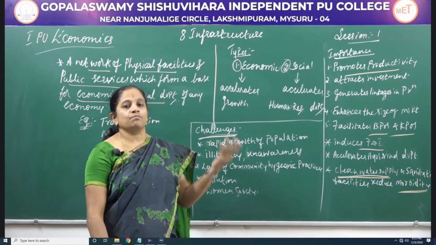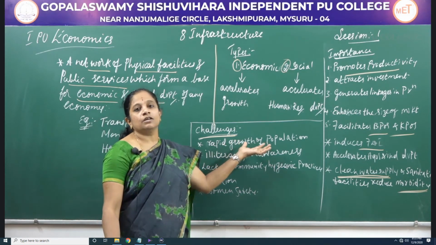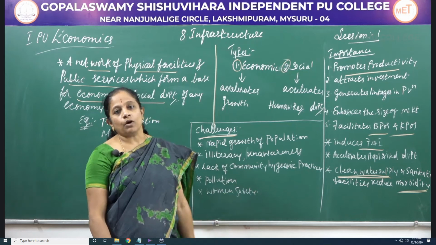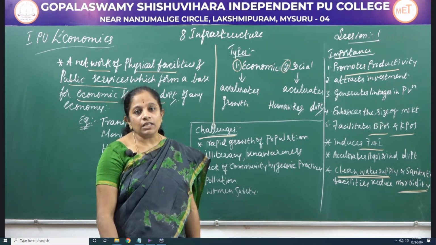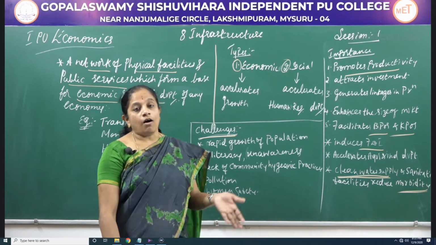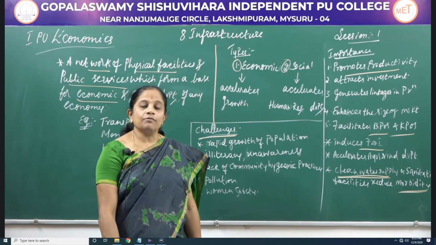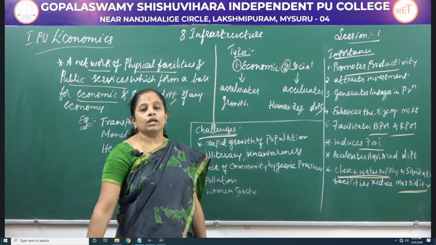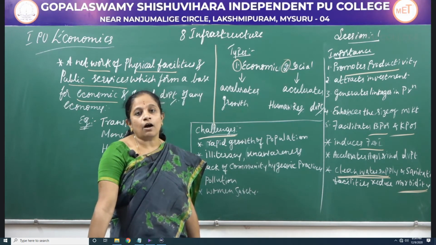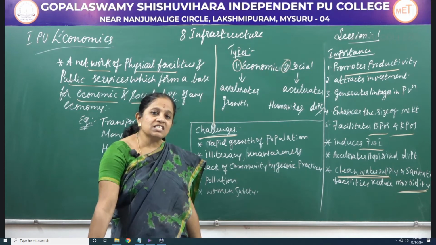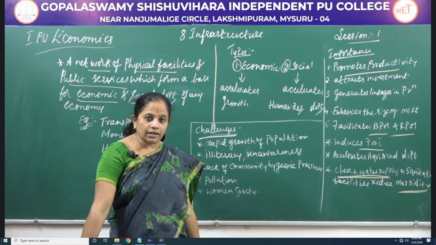Our population has multiplied, and for this population it is very difficult for any government to give proper infrastructural facilities. Lots of power generation activities are being undertaken only now, after 60-70 years of independence, and therefore still in many rural areas the rural folk are using crop residues and cow dung for cooking. So this is the major cause for the slow growth of economic progress in our country.